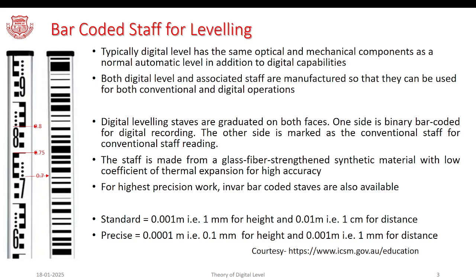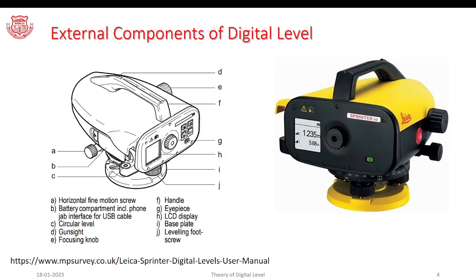Very similar to our conventional instrumentation, we usually keep the distance between the staff and the equipment more than 1.5 meters, but it has a measuring capability of 0.1 millimeter to 1 millimeter, as expressed in terms of standard and precise measures.